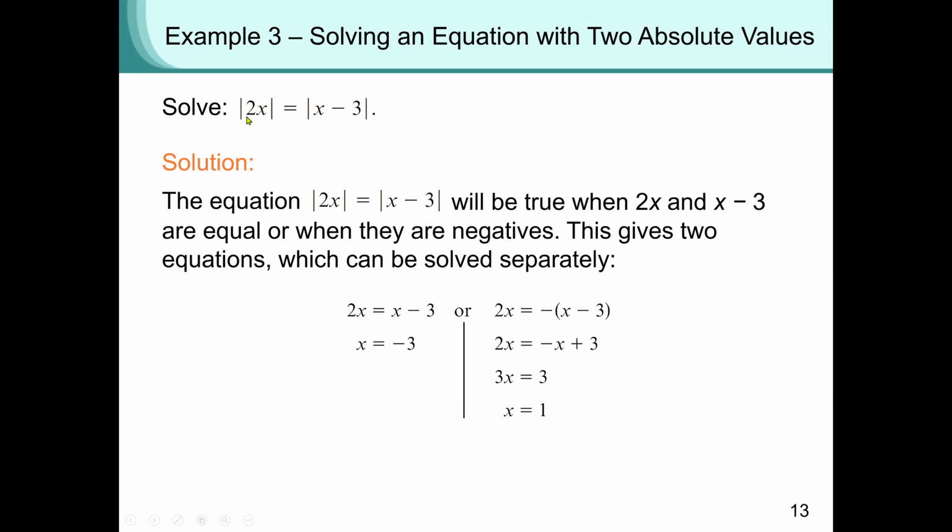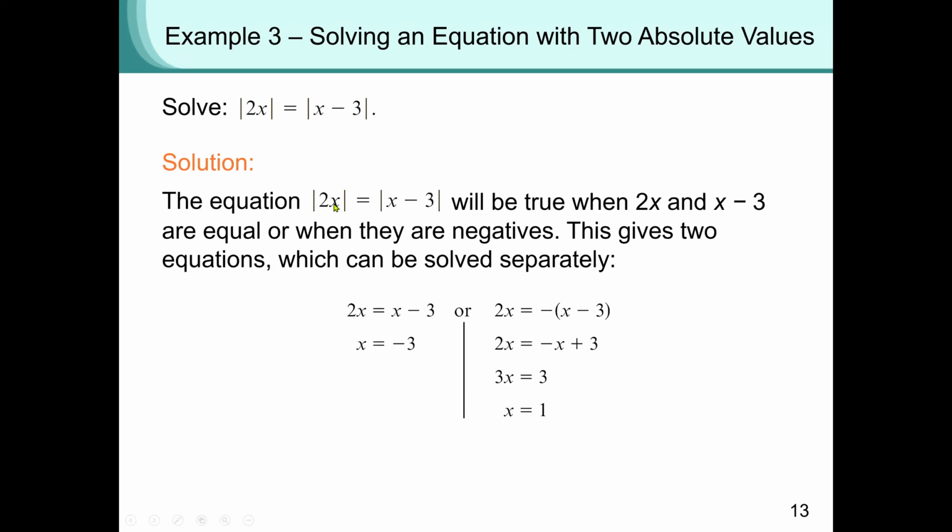So now if I have an expression to solve, absolute value of 2x equal to absolute value of x minus 3, here we say this equation will be true only when 2x and x minus 3 are equal, and also when they are negatives. So this will give us two equations which can be solved separately. First, when they are equal, and secondly, when they are negatives.